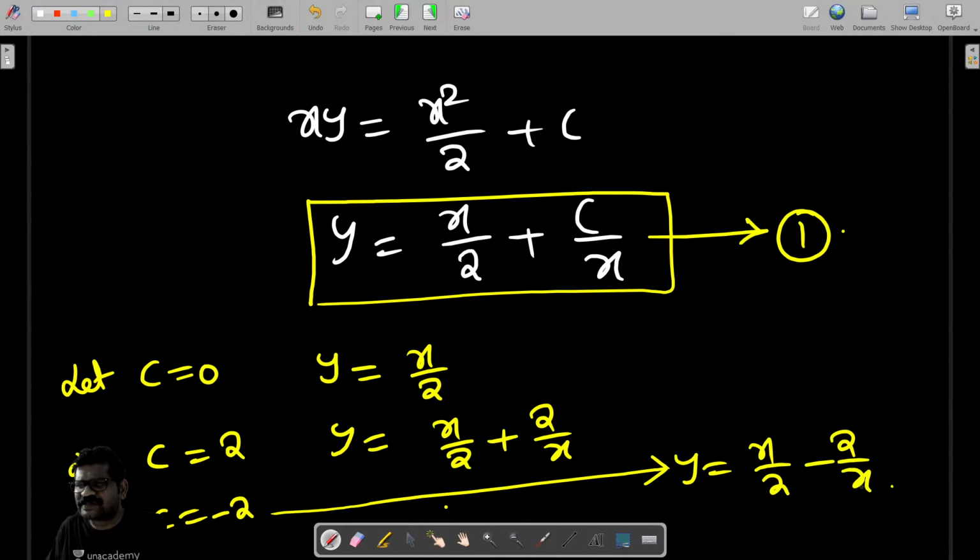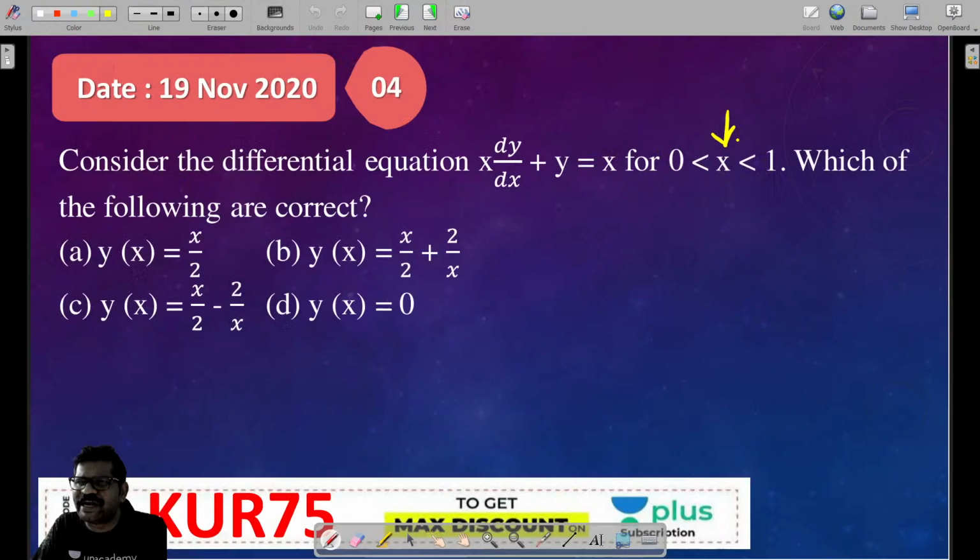Sir, why are you taking c value 0, c value 2, c value minus 2? Here c is arbitrary. That's why I have taken different values, because to identify which option is suitable among the given options, I have taken first c is 0, next c is 2, next c is minus 2.